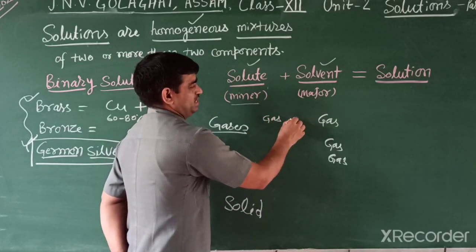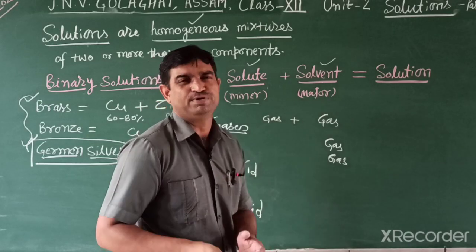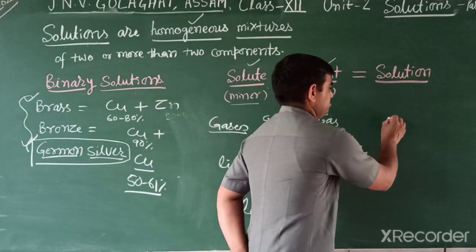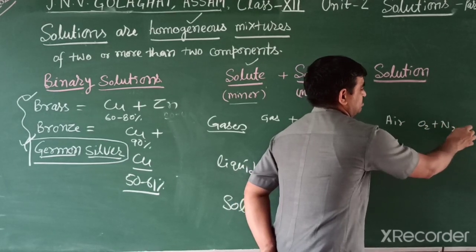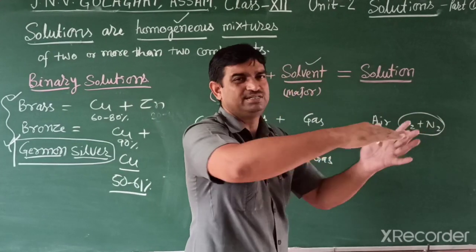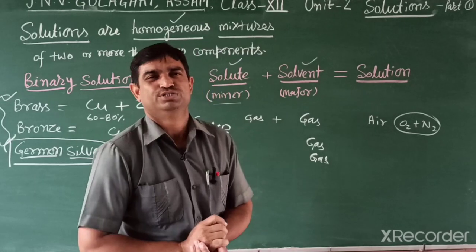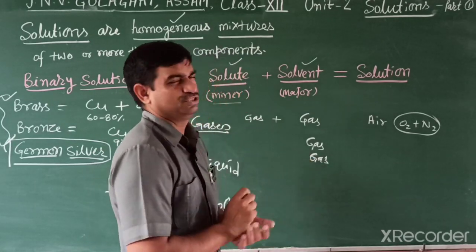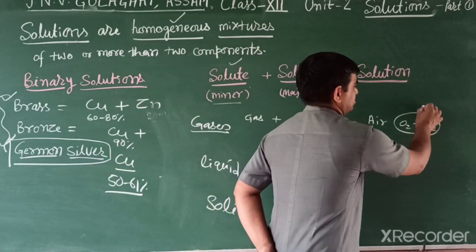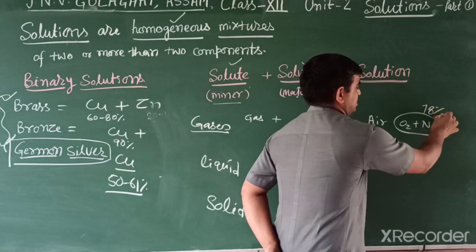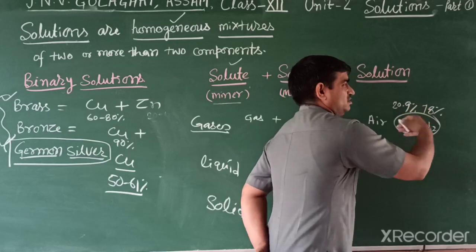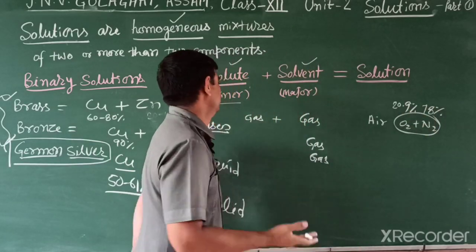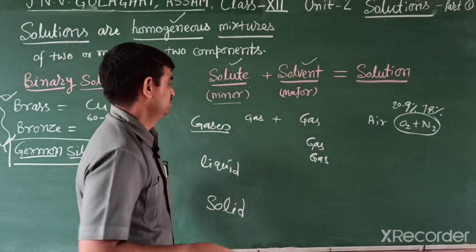That solution is known as a gaseous solution. For example, air. In air, oxygen and mainly nitrogen gas are throughout in equal composition, so air is a homogeneous mixture. Nitrogen is approximately 78% and oxygen is 20.9%, and the remaining are other gases. So that is a gas-in-gas solution.